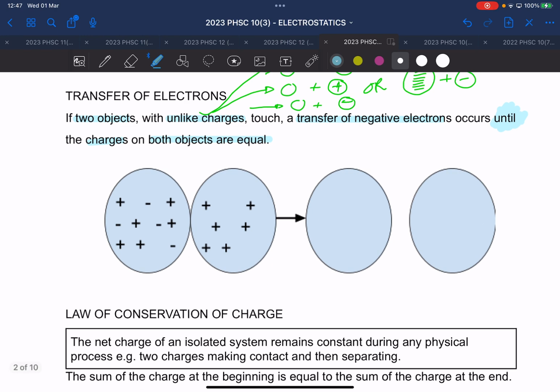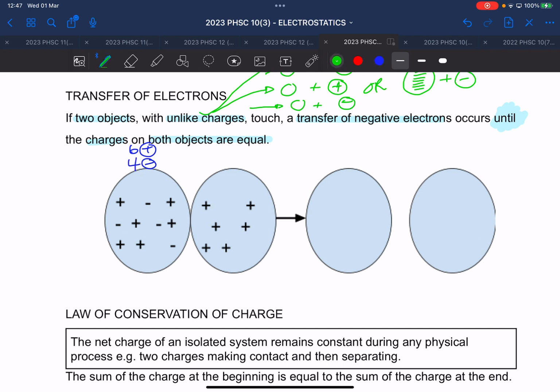Okay, so let's see quickly the example here. Here we have two spheres. Now, before they touch, we're going to assume they're not touching just yet. Before they touch, the first sphere has how many protons? 6 protons, and how many electrons? 4.